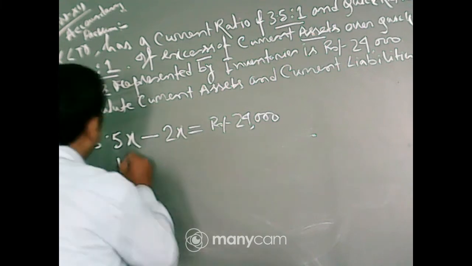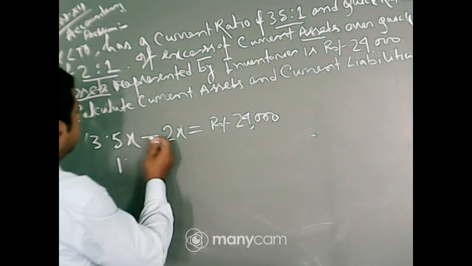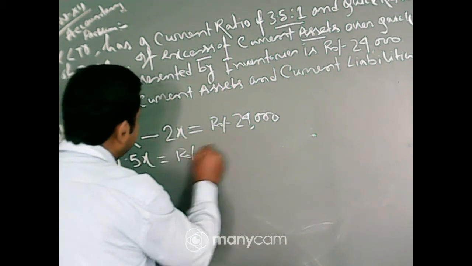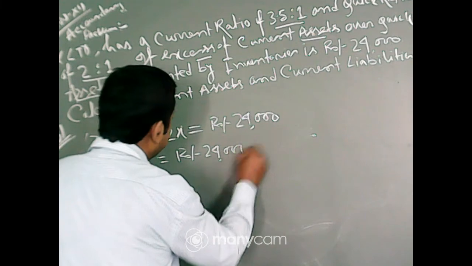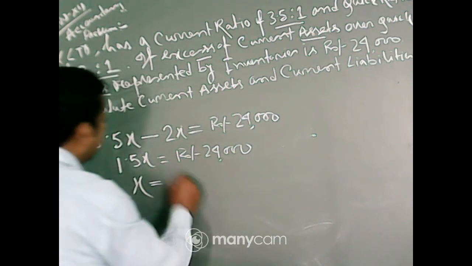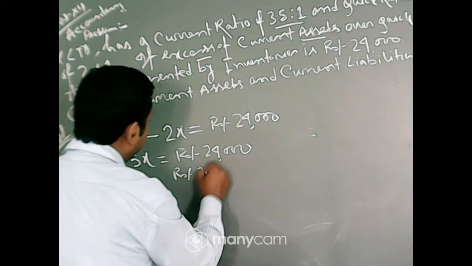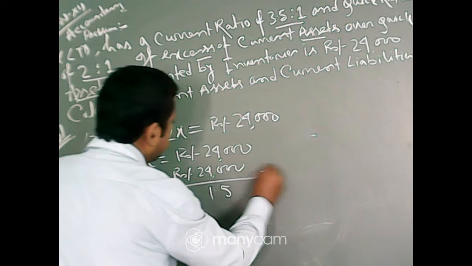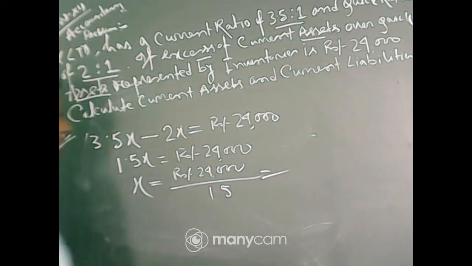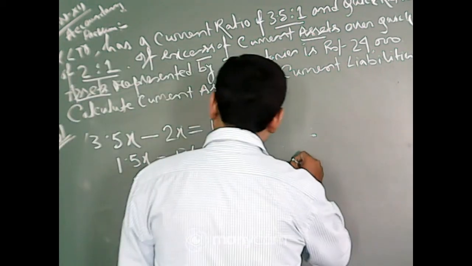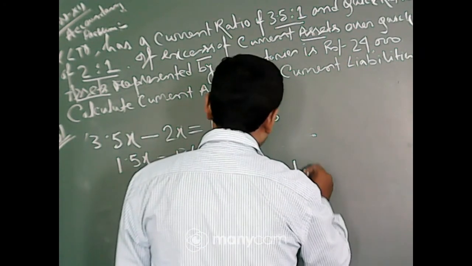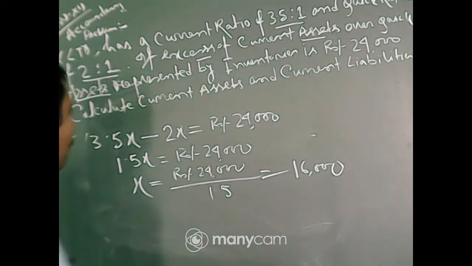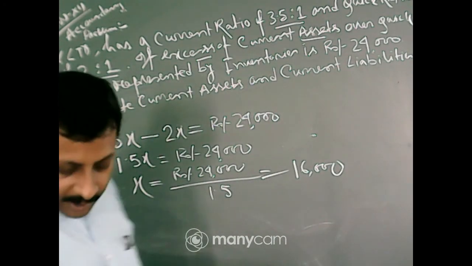Now deducting, 3.5x minus 2x means 1.5x equal to rupees 24,000. Now what is x? x equals rupees 24,000 divided by 1.5, that will come to 16,000.